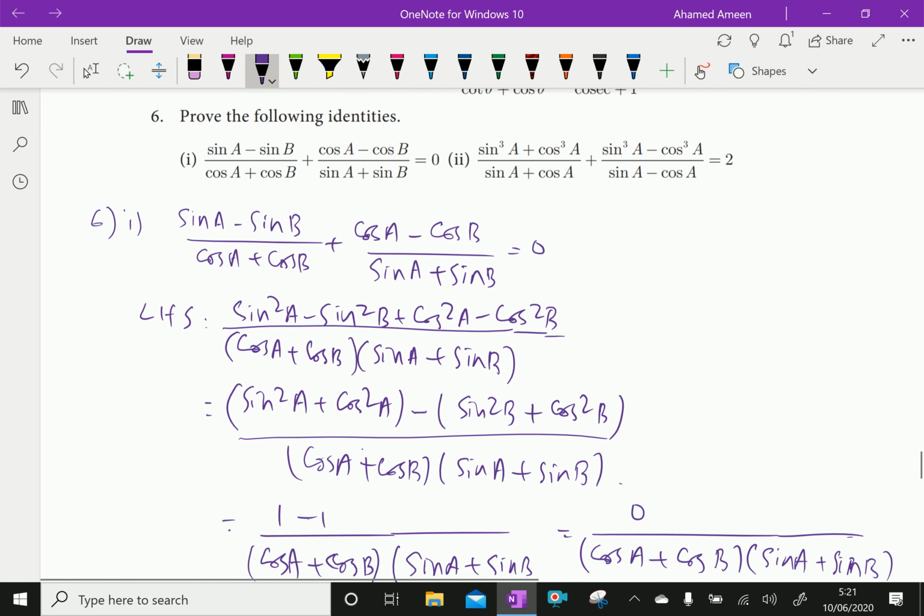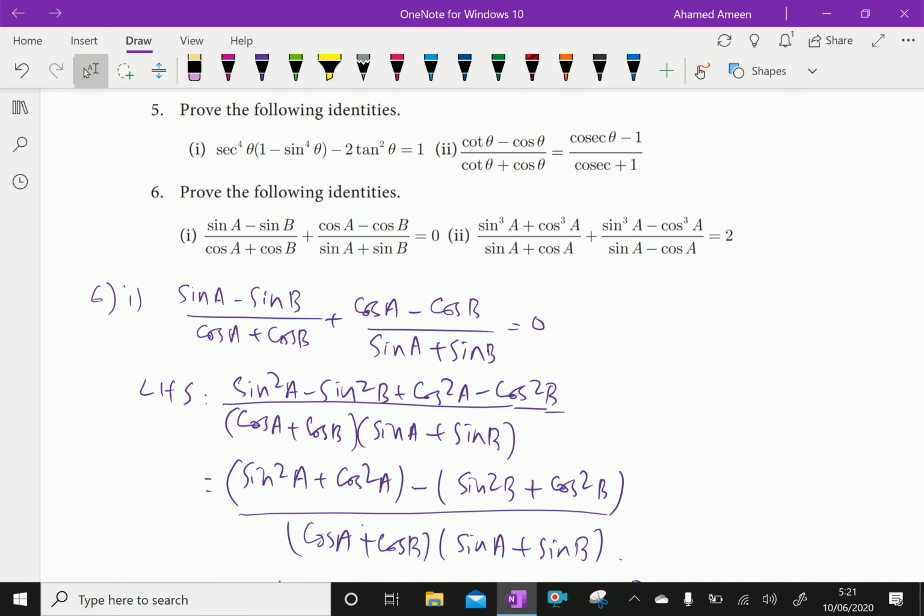Now the second part of the question, that is here sin cube A plus cos cube A over sin A plus cos A plus sin cube A minus cos cube A over sin A minus cos A equal to.